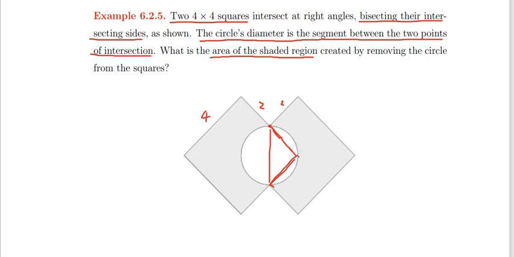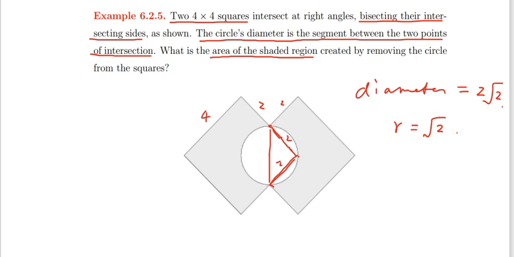We know this is 2, this is 2, this is 2, and this is also 2. Then we can find this diameter equals 2 radical 2, or the radius is radical 2.